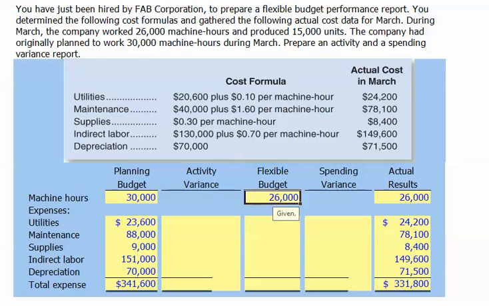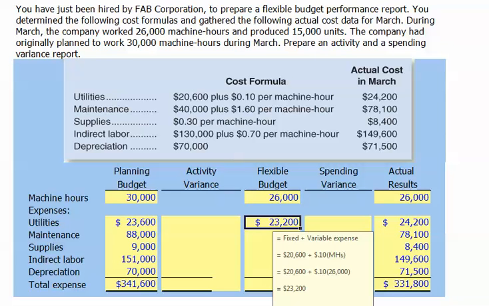Before we can prepare our activity and spending variance report, we need to calculate our flexible budget, which is based on our 26,000 machine hours. At 26,000 machine hours, we would have expected utility expenses of $23,200. That's the $20,600 fixed component plus 10 cents per machine hour, and 10 cents per machine hour times our 26,000 machine hours gives us a total utility cost of $23,200.